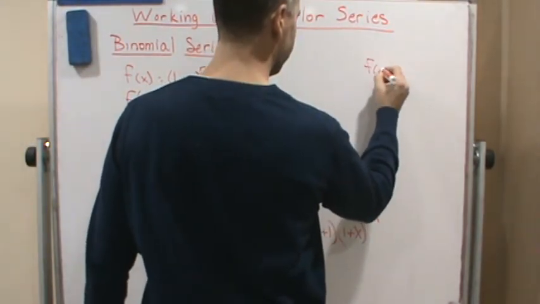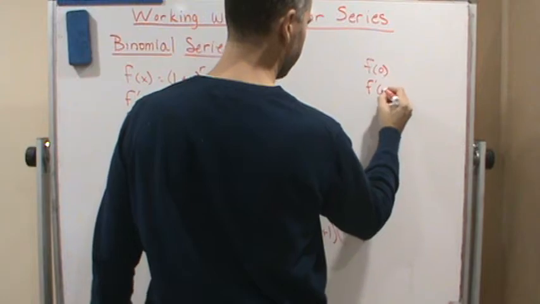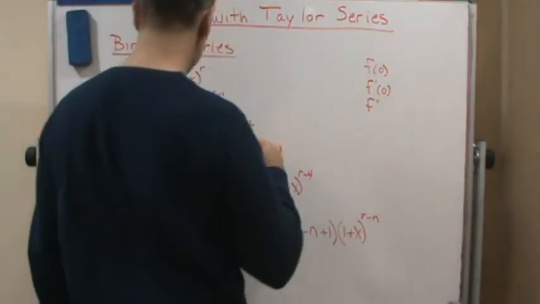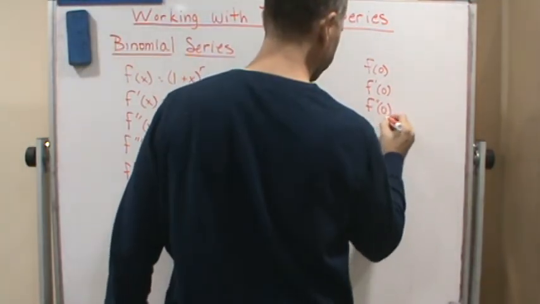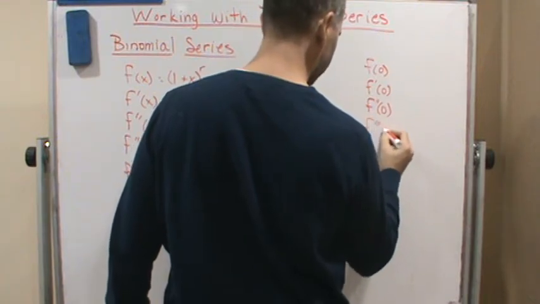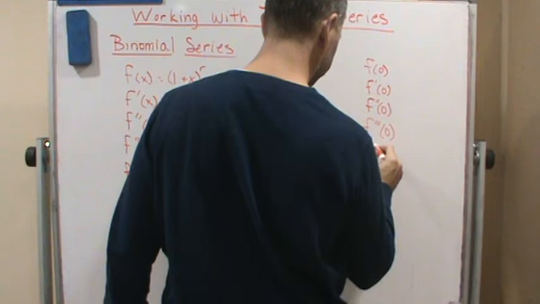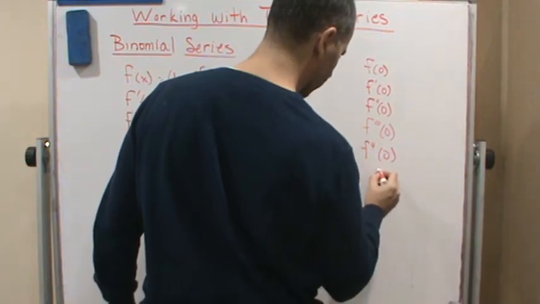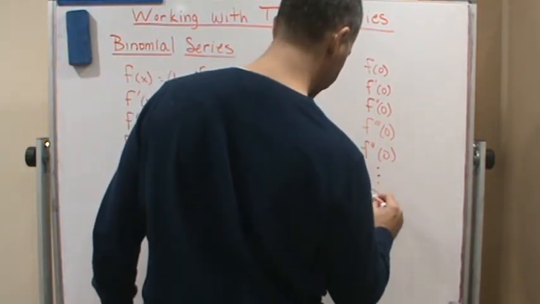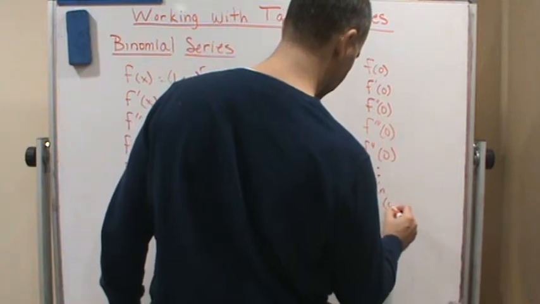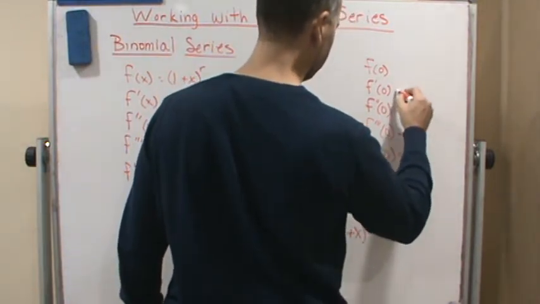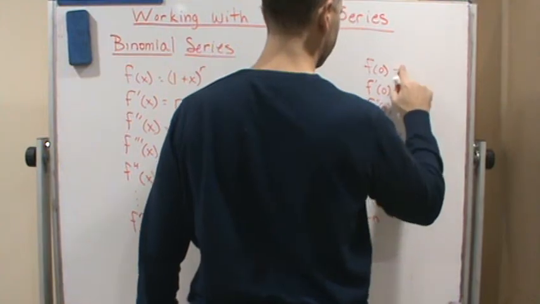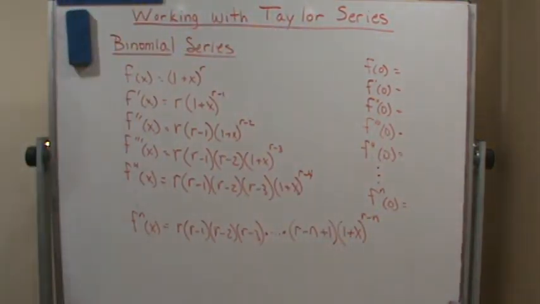So this is going to be f of 0, f prime of 0, and so on up to f to the nth power. What are all these evaluated at 0?